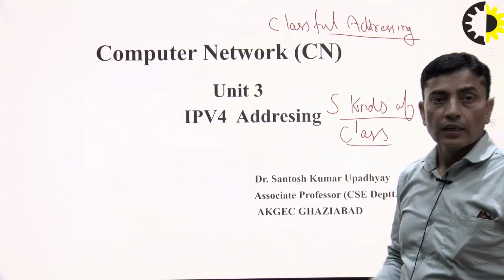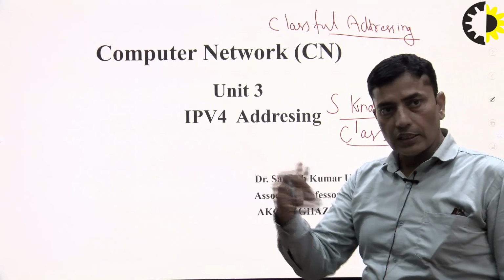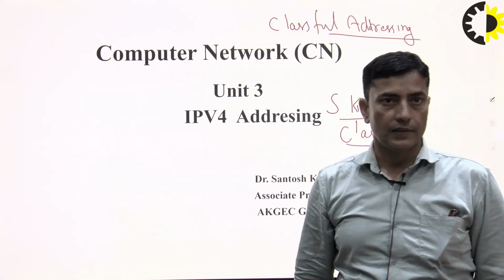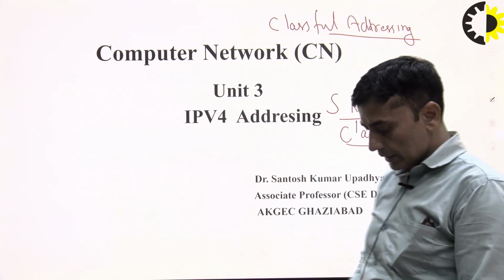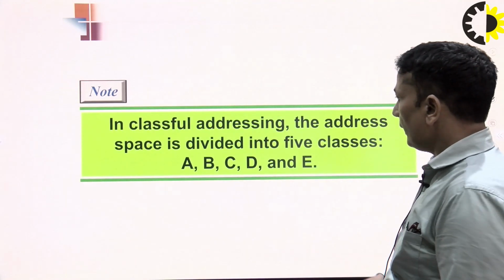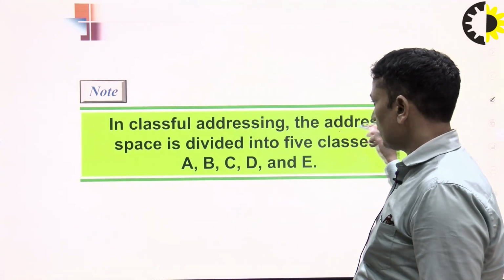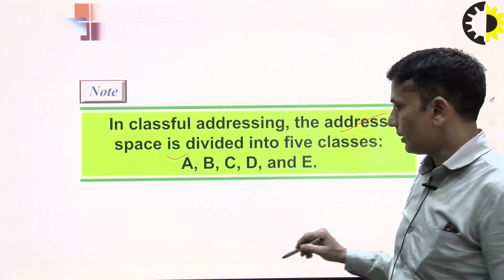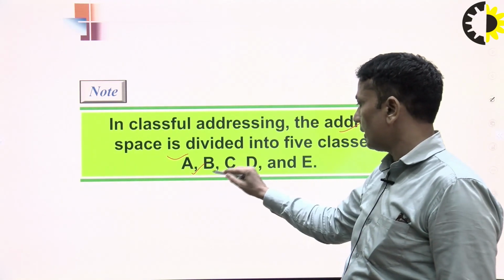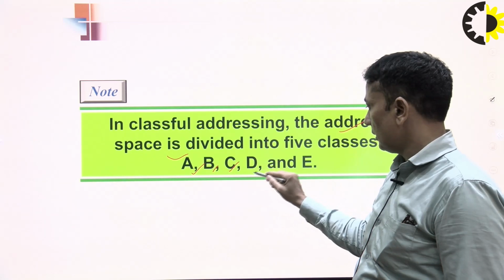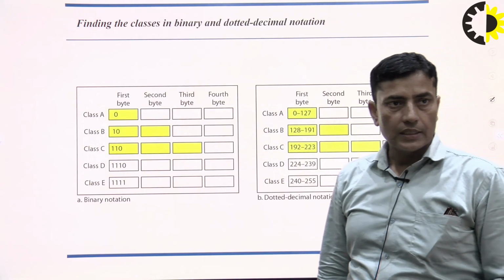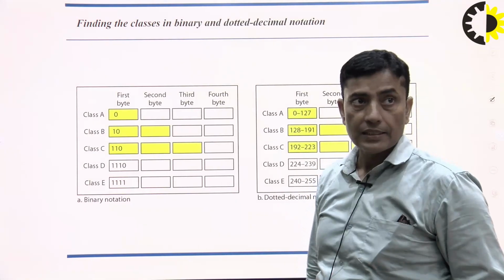Classful, because this 32-bit IP address is divided into 5 different classes. In classful addressing, the address space is divided into 5 classes known as class A, class B, class C, class D, and class E.